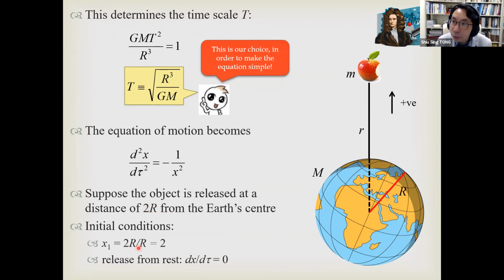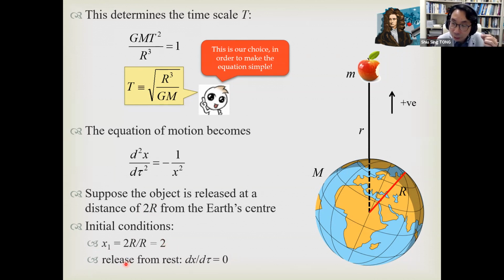So what is the initial position in terms of the dimensionless distance? We know that the initial x is the initial r divided by capital R. So it's 2R divided by R, and so the R will cancel. And so initially, the object is at the distance 2 in terms of this dimensionless length from the center of the Earth. Okay, so we use this as an initial condition.